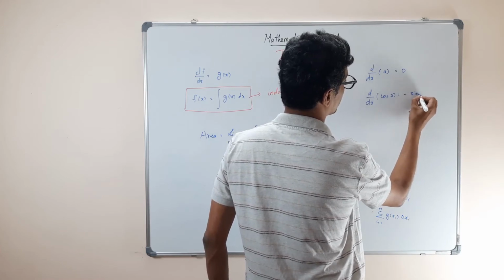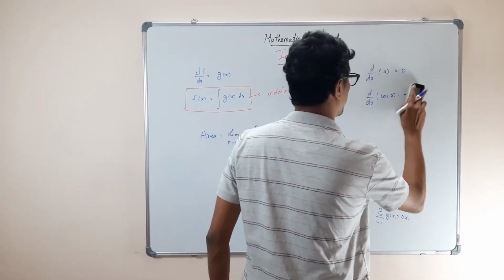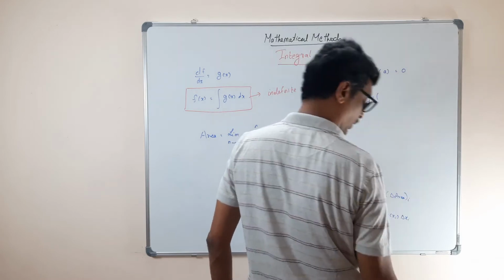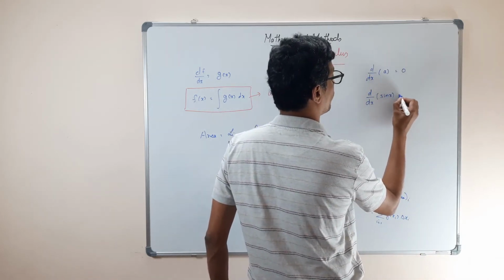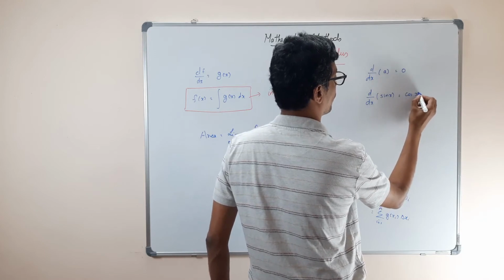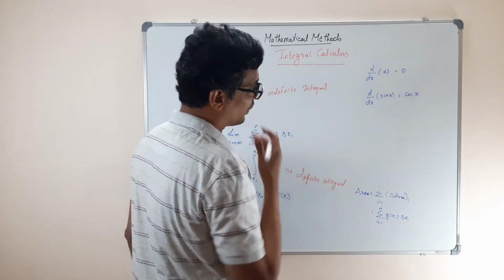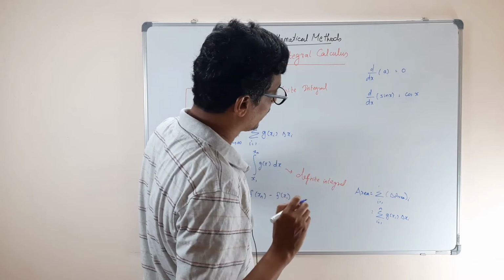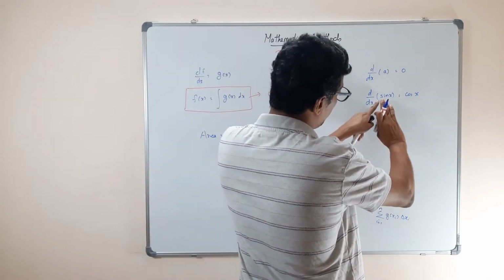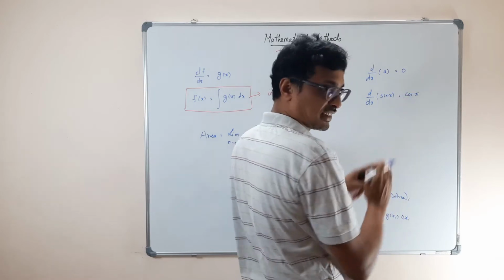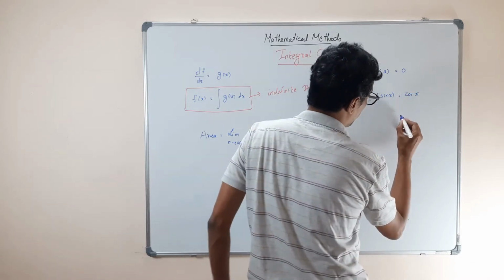Or, to avoid complicating with the minus, d by dx of sin x is equal to cos x. Now I said integration is the antiderivative. So what is the antiderivative of cos x?